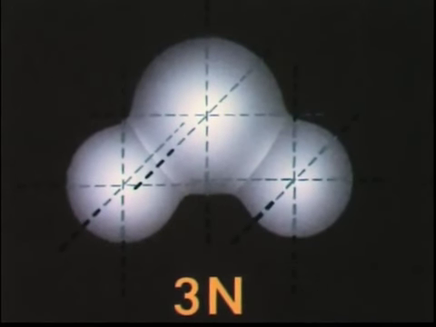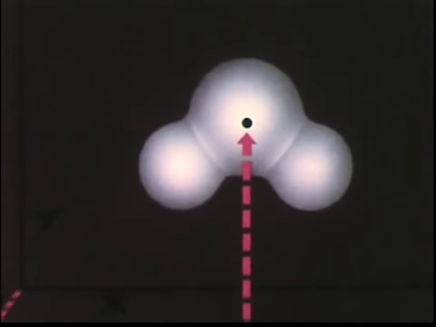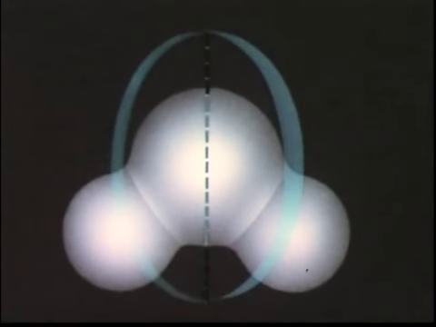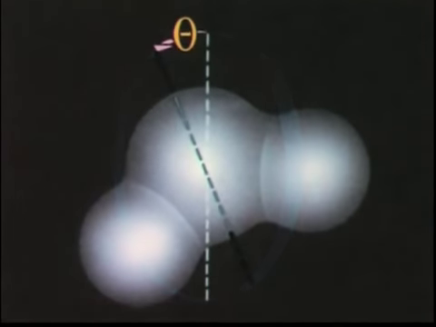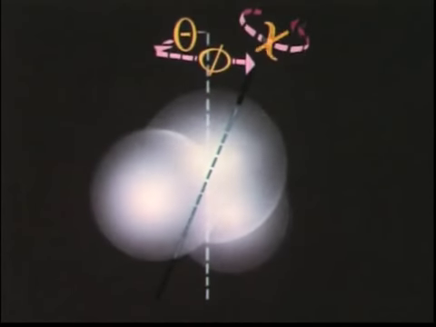There are many ways of designating these positions in space. For our purposes, however, we choose a particular set of linear and angular coordinates. First, 3 of these 3n coordinates are used to locate the position of the center of mass of the molecule. Next, we require 3 angles to specify the orientation of any nonlinear molecule: 1, 2, 3.